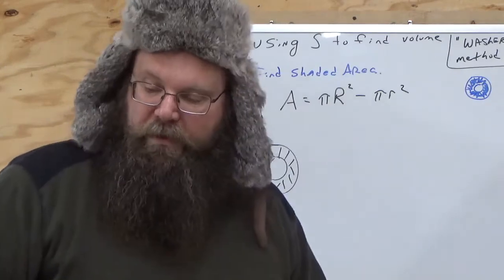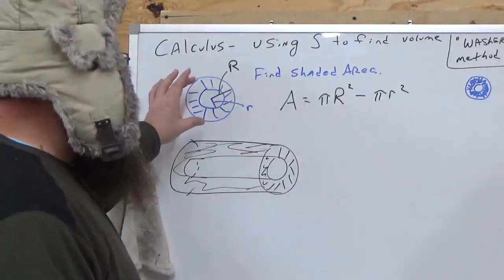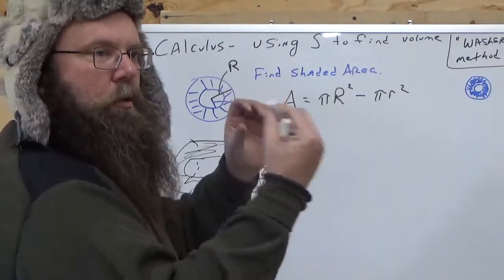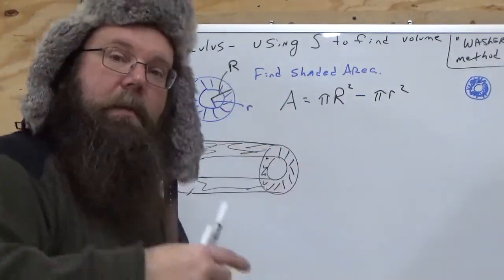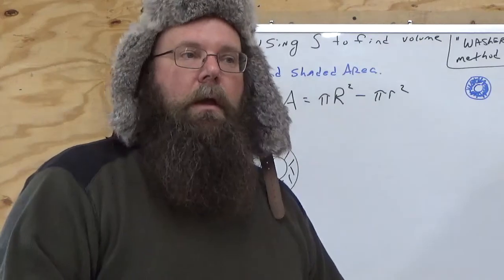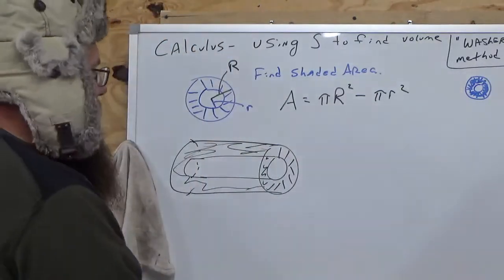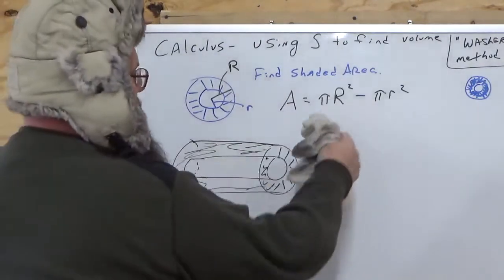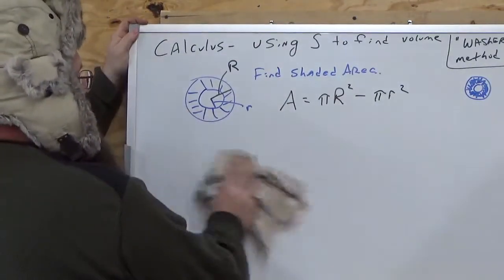So we take that washer, but we make it longer. Now it's like a straw, or a tube, or a piece of pipe. So how are we going to do this with calculus? Well, I want you to remember that. Let's take a look here.